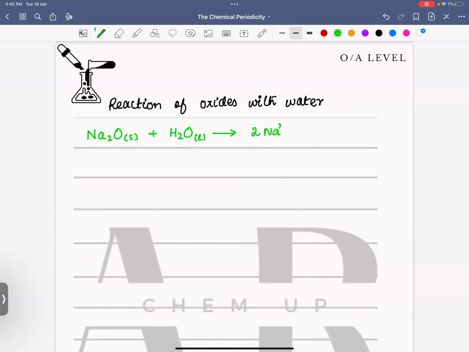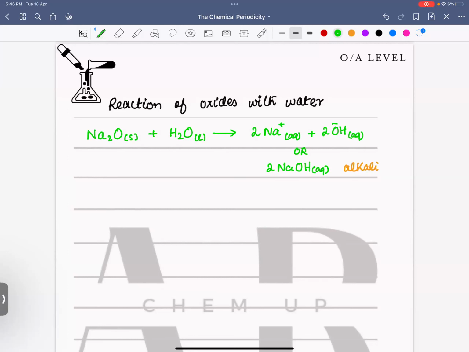It dissociates into ions, forming sodium aqueous, and actually we get 2 moles of hydroxide ions aqueous as well. You can write this in this way, or you can just write this as NaOH aqueous as well. Okay, so that is the first reaction. And if I have to comment on this reaction, this is an alkaline solution or an alkali because it completely dissolves in water.